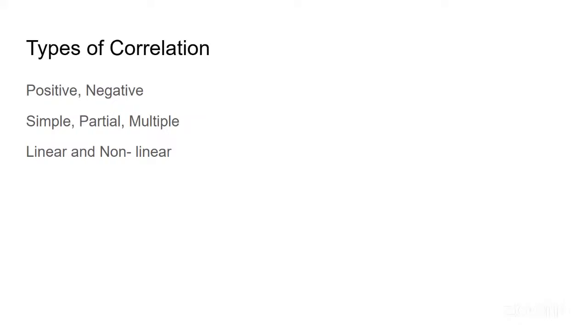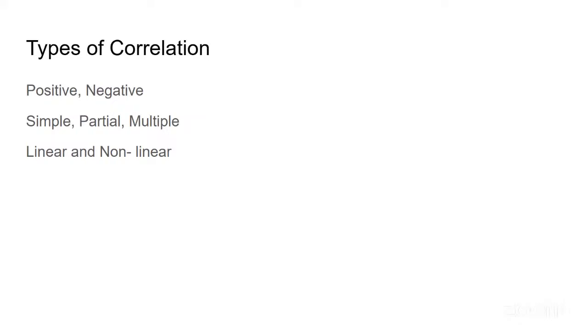So far we know the definition of correlation is the extent or the direction of relationship between two variables. Now there are types of correlation: positive correlation, negative correlation, simple correlation, partial correlation, linear and non-linear correlation.